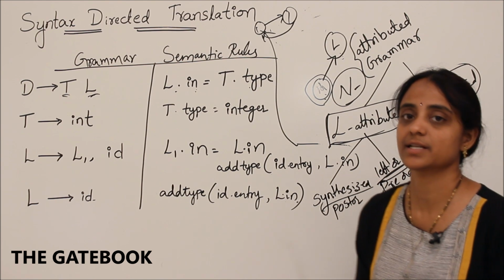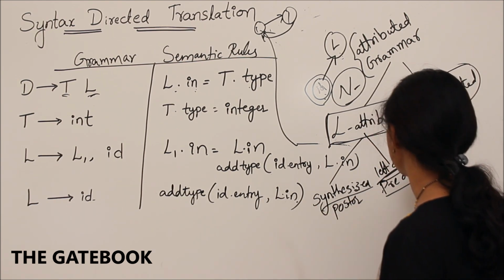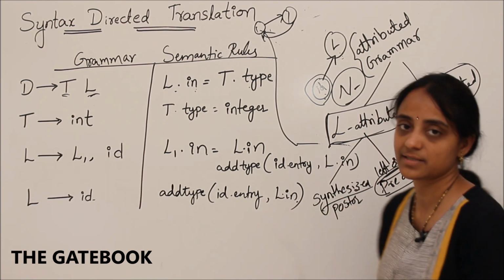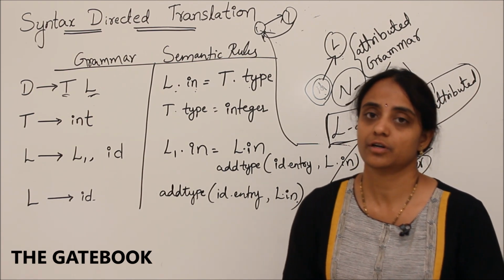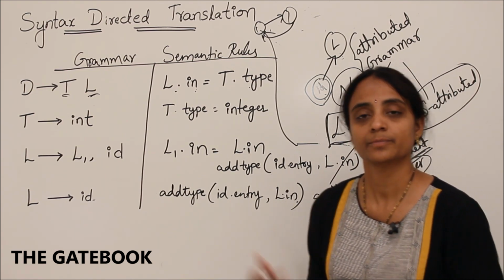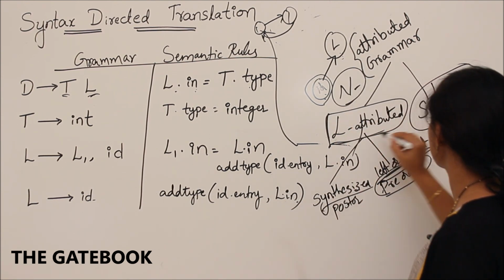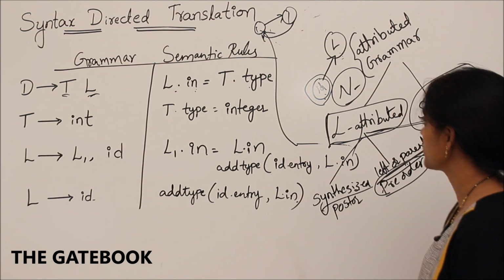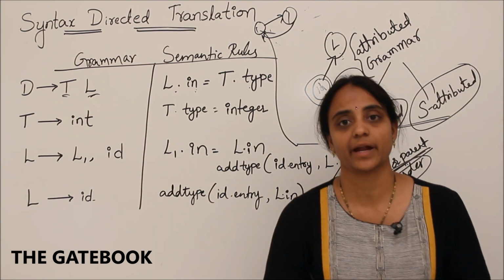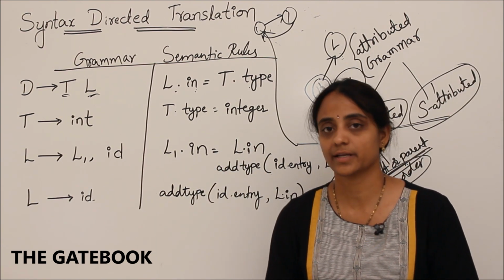We don't have to worry about other orderings. So that is why we prefer these attributed grammars instead of randomly adding semantic rules for any symbols.